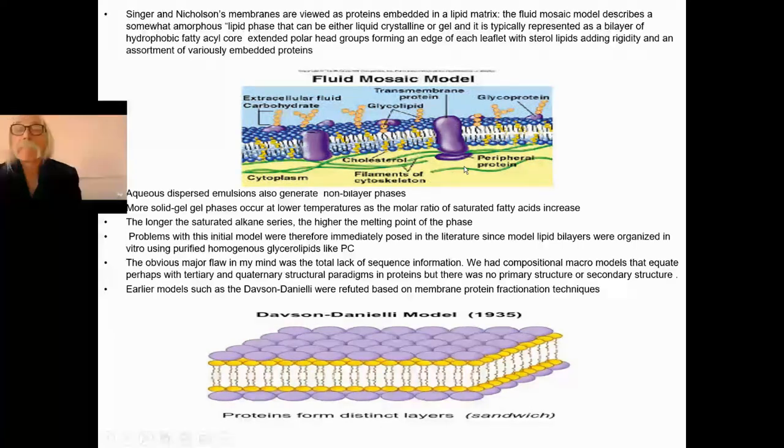Okay? There are some proteins like that, obviously. Then you have all kinds of channels, sodium channels, potassium channels, etc., which we could talk about as we move on, right? So aqueous dispersed emulsions also generate a non-bilayer phase. So you have lipids and you disperse them in water, you will make a bilayer, but you'll make more than a bilayer. You'll make other kinds of structures.